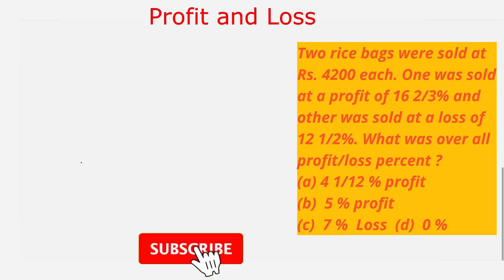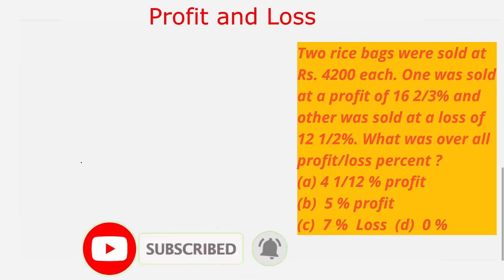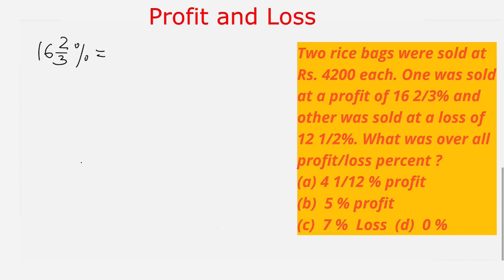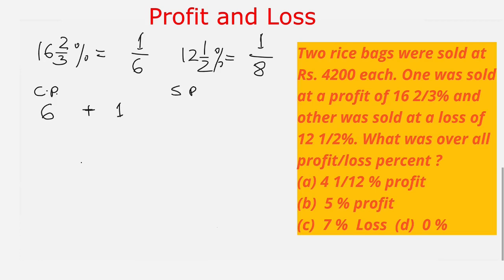We solve the question. One rice bag was sold at a profit of 16 and 2/3%. 16 and 2/3% is equal to 1/6, and 12.5% is equal to 1/8. It means that an item which is costing 6 is sold at a profit of 1, then SP becomes 7.